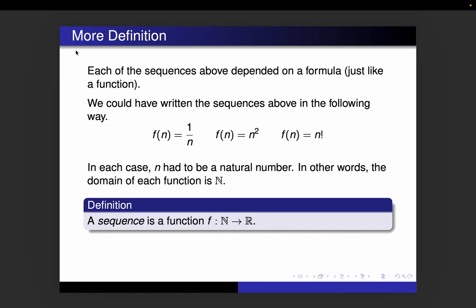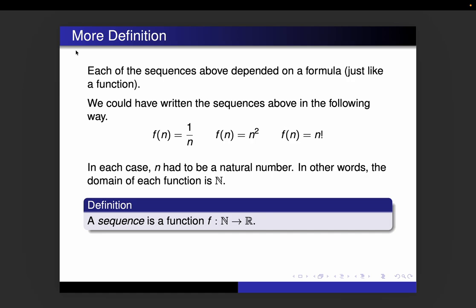And if that f from the natural numbers to the real numbers looks a little familiar, that was what we were talking about when we were proving the real numbers were uncountable, right? We were looking at a function from the natural numbers to the real numbers and proving that it wasn't onto, but we were also kind of looking at sequences there.